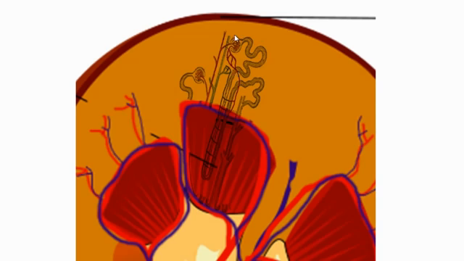And then if we look at the nephron, you can see that the renal corpuscle lies in the renal cortex, and you've got parts of the renal tubule as well. So it's worth pointing out at this point that this is obviously not to scale of any sort. It's just diagrammatic to show you what parts of the nephron are in the cortex and what parts are in the medulla.